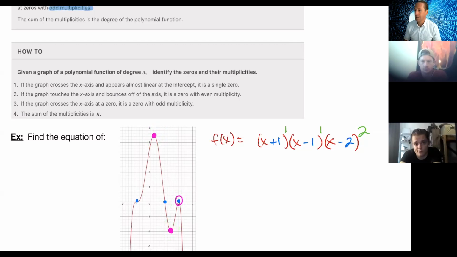Now don't forget, this is facing what direction? Down, so it's negative. End behaviors are down, so very good. We're going to have a negative value in front. And if you wanted to find what that a value in front actually is, what kind of equations do we know how to solve? This is in all of mathematics.